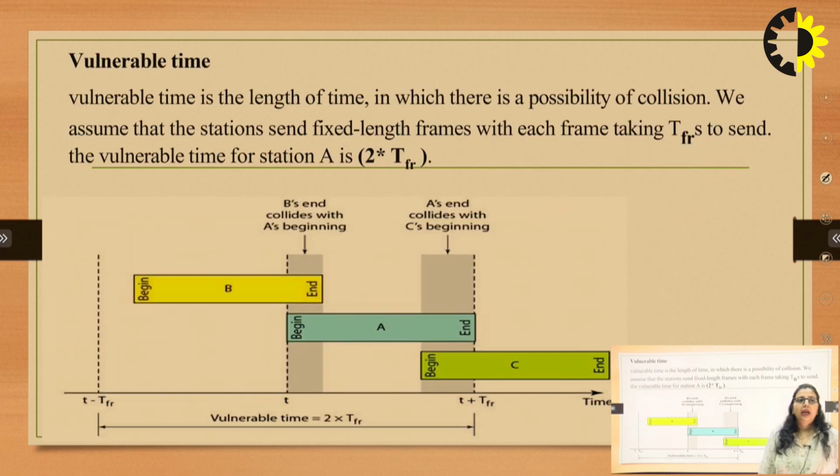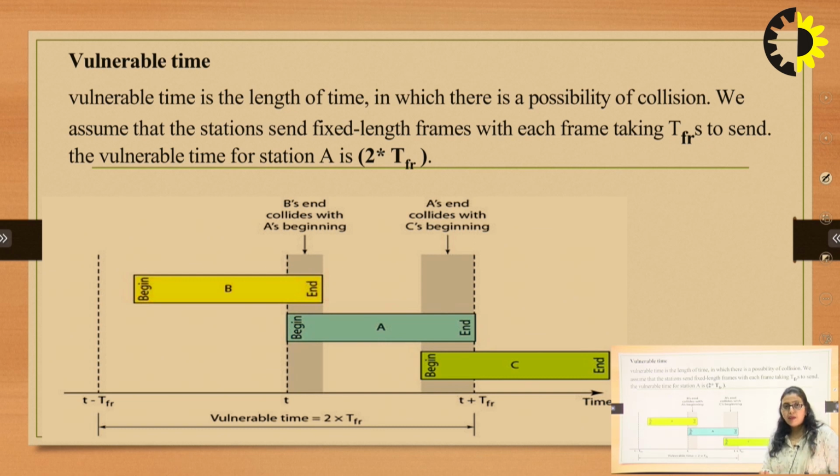Let me give you a very clear understanding of vulnerable time. Vulnerable time is the length of time in which there is a possibility of collision. We assume that a station sends fixed length frames, with each frame taking TFR to send.